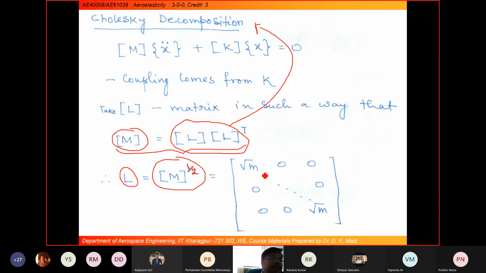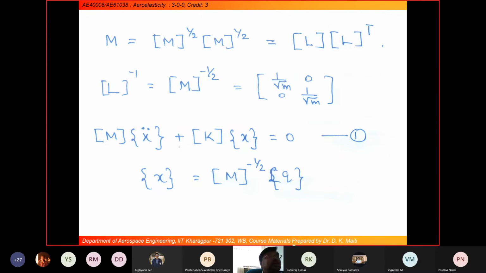And after doing this transformation, L inverse will be taken as M to the power minus half, and we are getting this information.